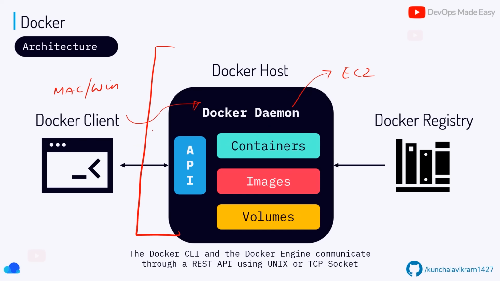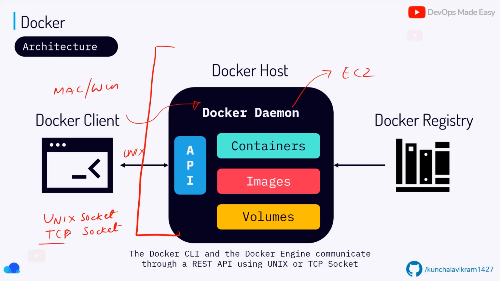That's the reason the client can talk to the daemon using two protocols. One is a Unix socket, where the client can talk to the server within the same machine. We will see what this Unix socket location is later. And the other is a TCP socket. So what is TCP? It is a networking protocol, right?